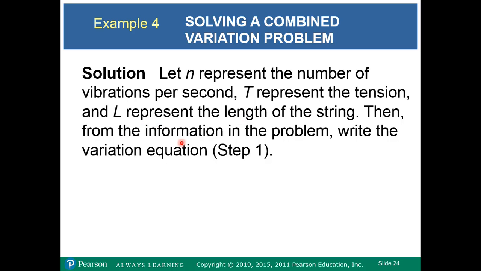Then from the information in the problem, we can write the variation equation this way. It varies directly with the square root of the tension, so we're going to have the square root of t. K is going to be a positive constant. So n equals k times the square root of t, and since it varies inversely with the length, L is going to be in the denominator.